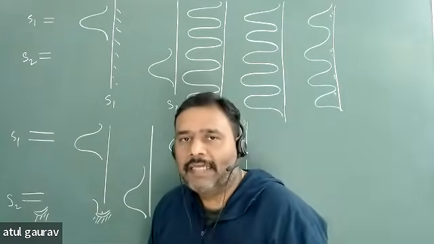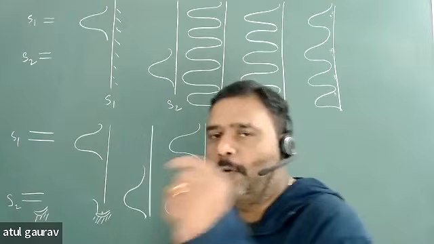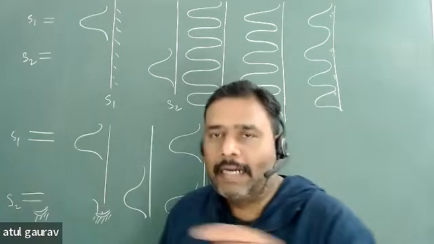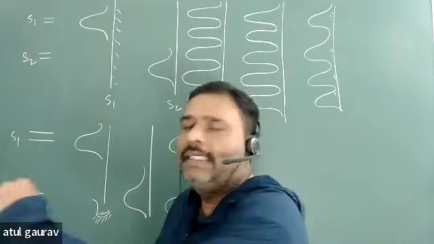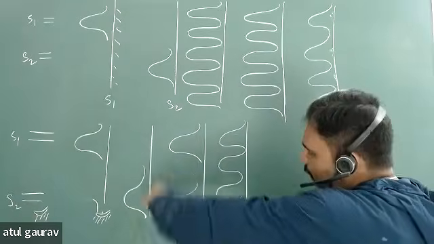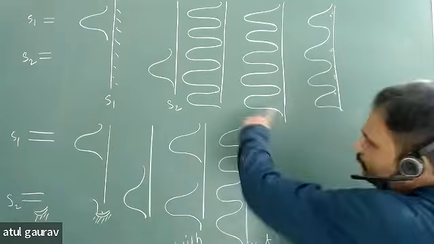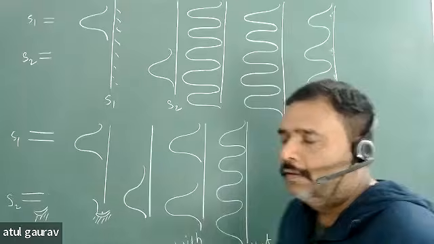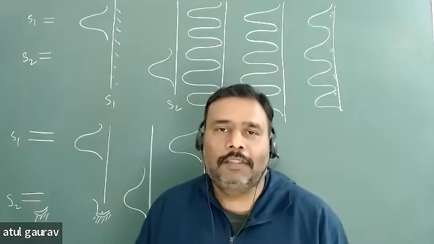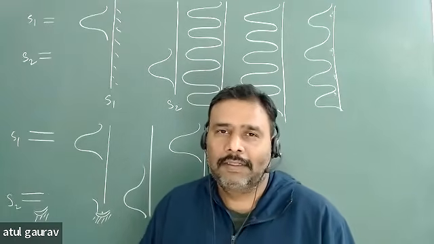If I say with eye, that means I am chasing the electron point by point. If I am able to chase it, then it behaves like a particle. And if I am not able to chase, then it behaves like a wave. My goodness, what is going on with this electron?